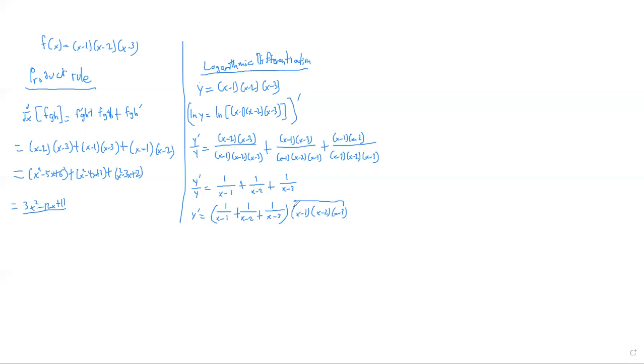I'm going to put a caps here and say that equals y. And when you expand that, that is equal to, let's see, the first part is x minus 2, x minus 3, because the x minus 1s cancel out. And then plus x minus 1, x minus 3.